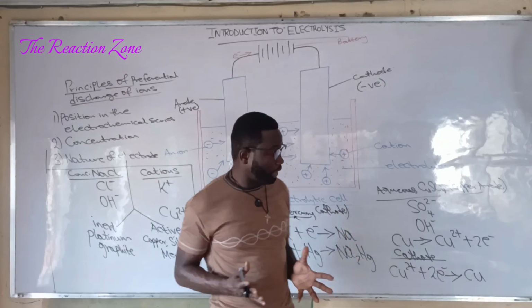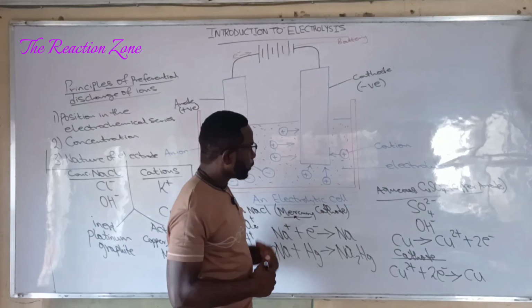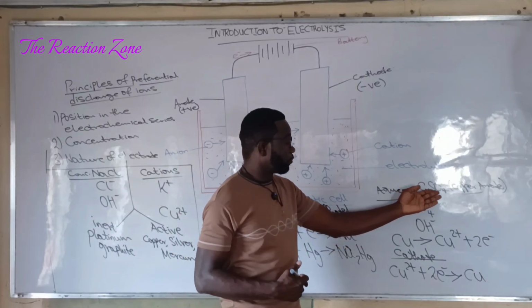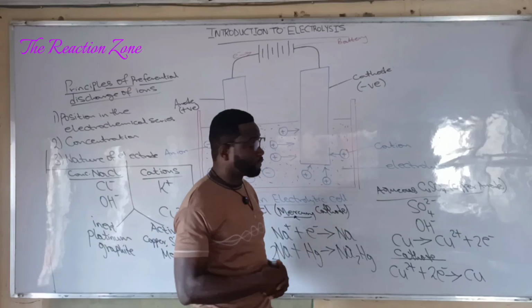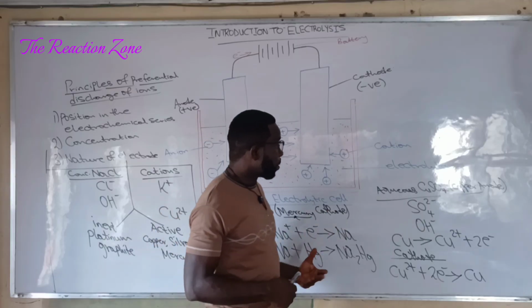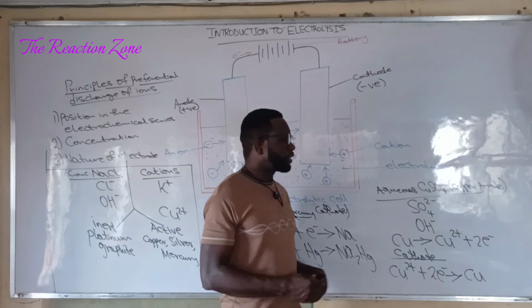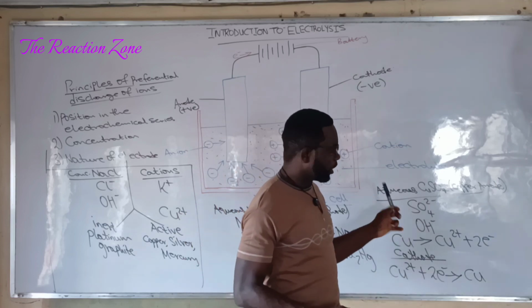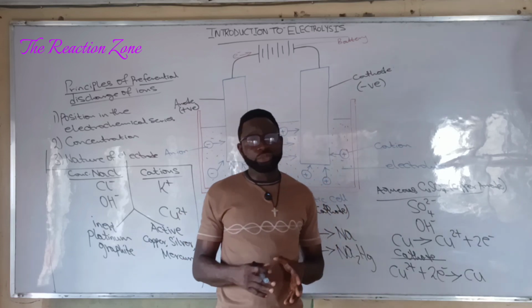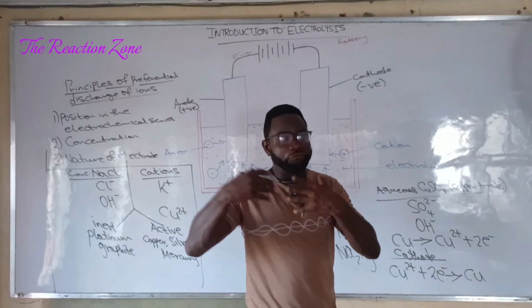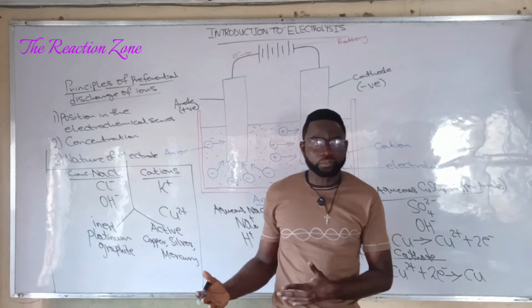Copper. So essentially what happens is that in the electrolysis of aqueous copper 2 sulfate, copper is transferred from the anode to the cathode. And this particular electrolysis is actually used in the purification, or you can say in the electro-refining of copper.